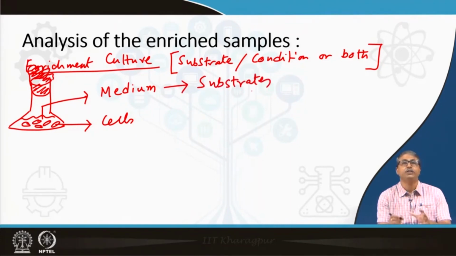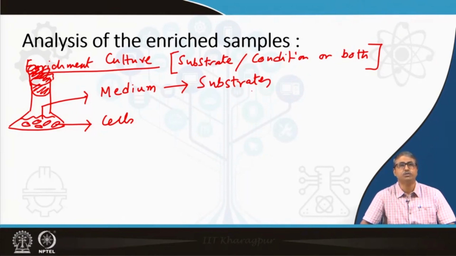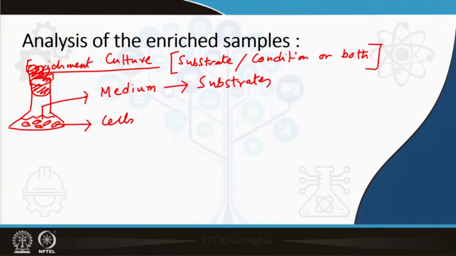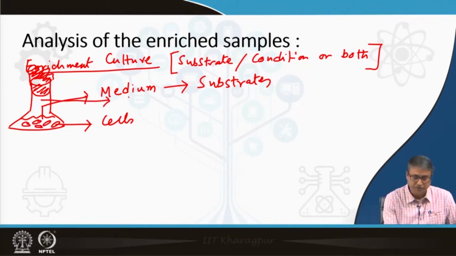Suppose I have added crude oil in a petroleum waste to see whether I can enrich some crude oil degrading bacteria, or if I want to see whether I have some methane producing bacteria. In that case possibly we have to take the gas sample as well. This is called the headspace that we need to actually use.